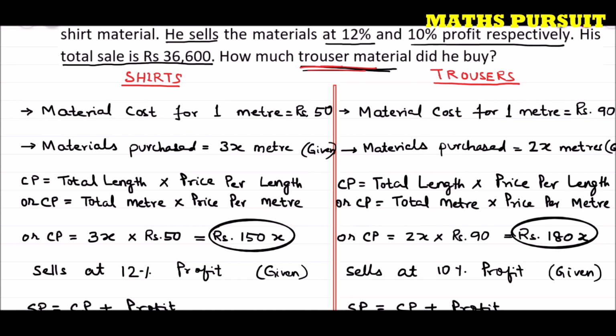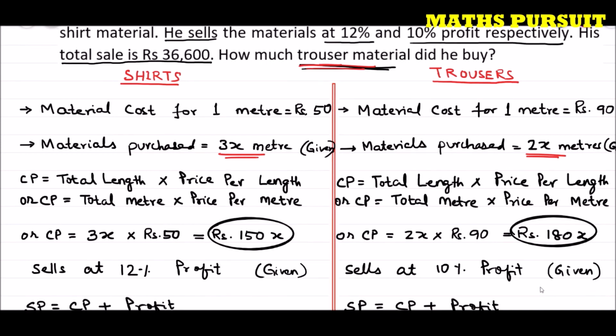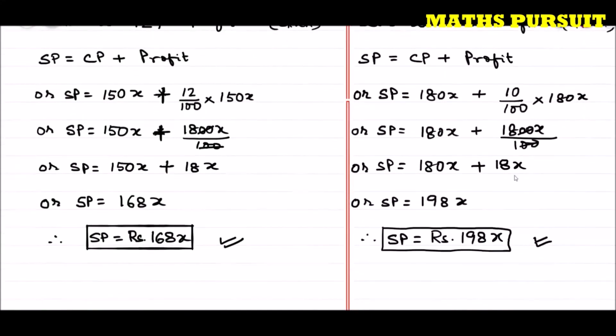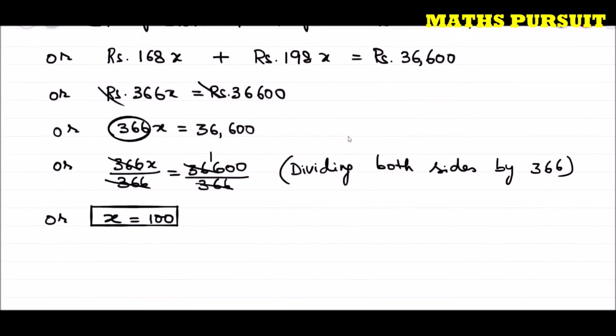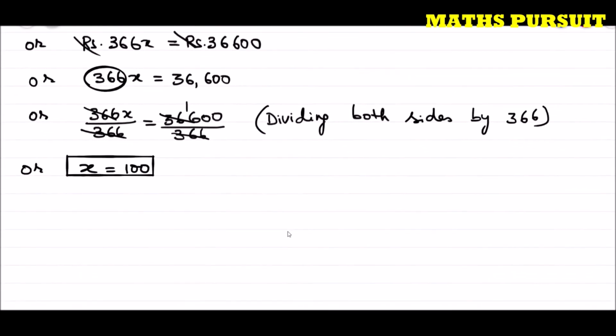And we have assumed materials purchased: trouser material purchased is 2x meters and shirt material purchased is 3x meters. So let us conclude our answer by putting the value of x so that we can get the trouser material.